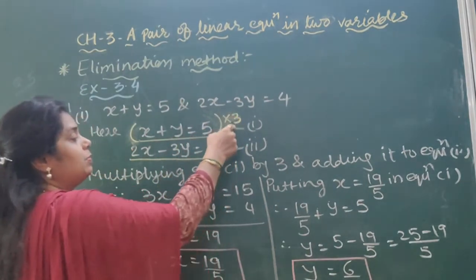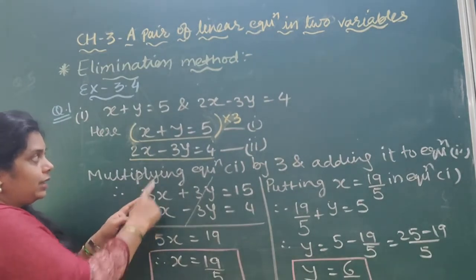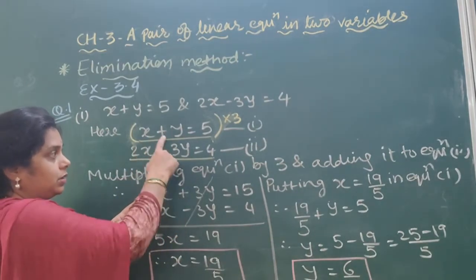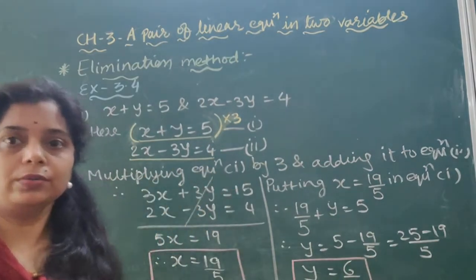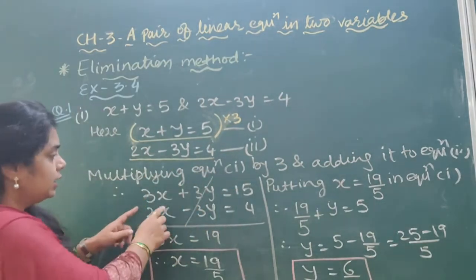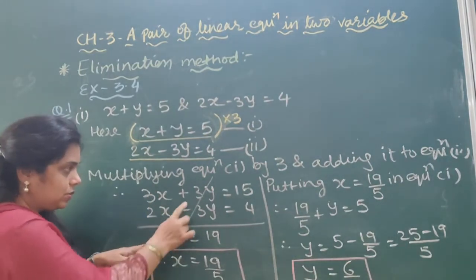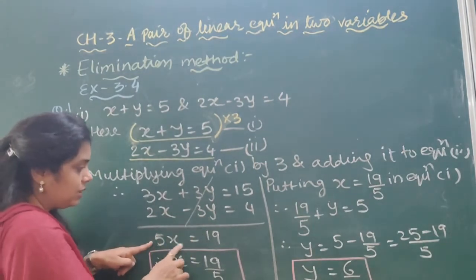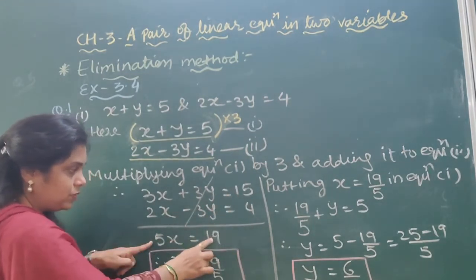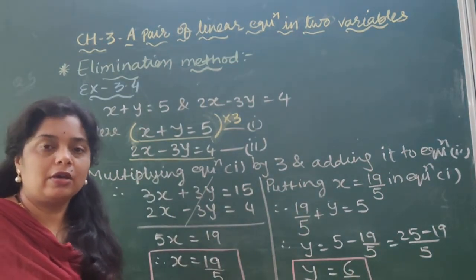If I multiply this whole equation with 3, what should I get? Here 3x plus 3y is equal to 15. Now I am just doing the addition. So plus 3y and minus 3y cancel out, and 5x is equal to 15 plus 4, which is 19, so x is equal to 19 by 5.